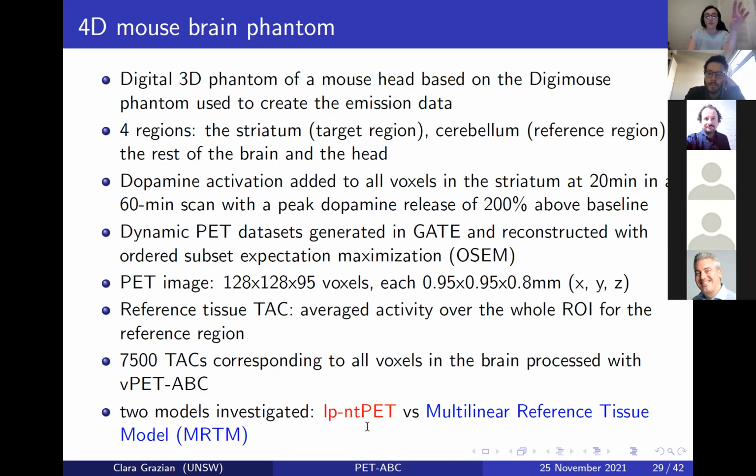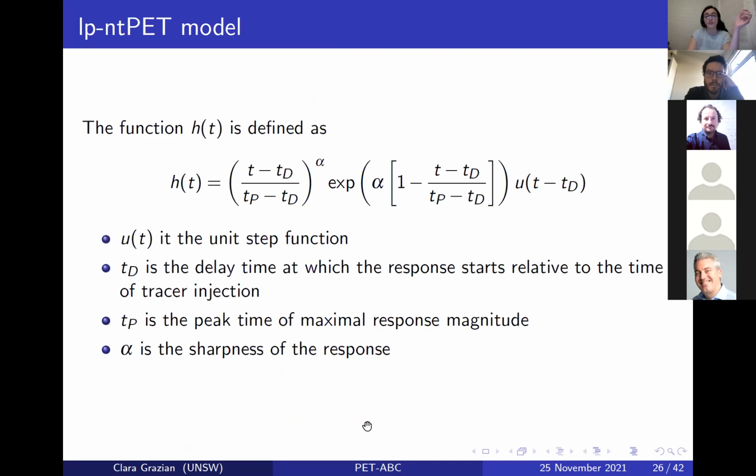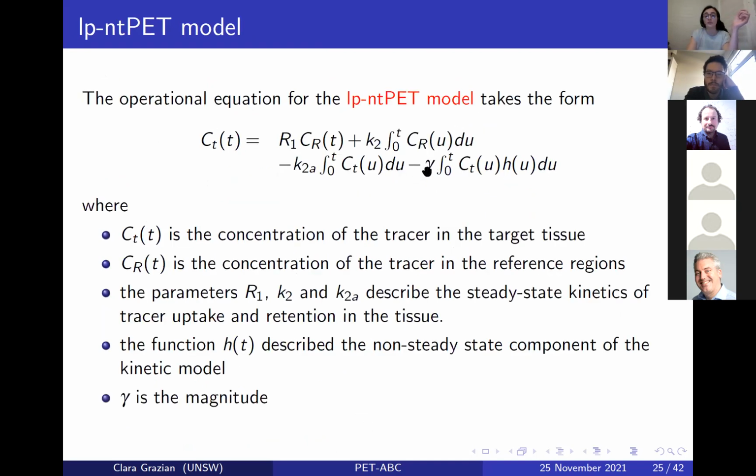In this case, we investigated 2 models: LP and TPET, which was the one I presented before, and the MRTM, the multilinear reference tissue model, which is the LP and TPET with gamma equal to 0. We wanted to understand if there was activation of dopamine in the brain and in which area of the brain of the rat under analysis.